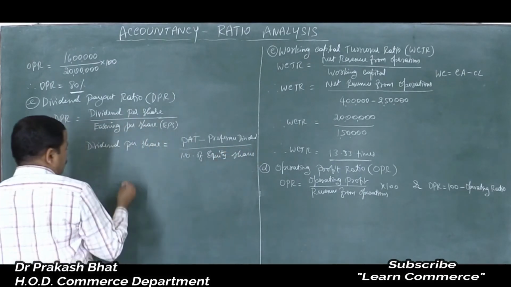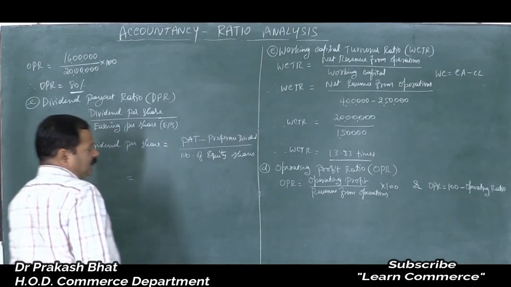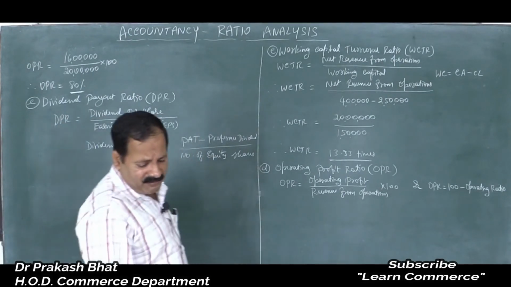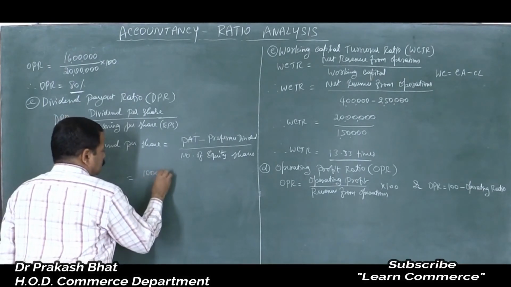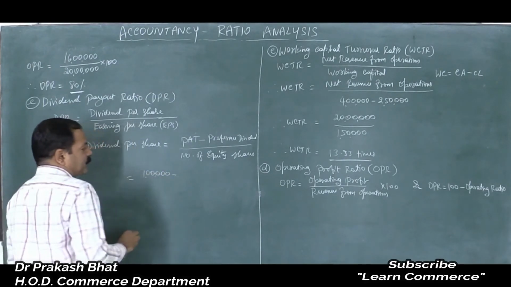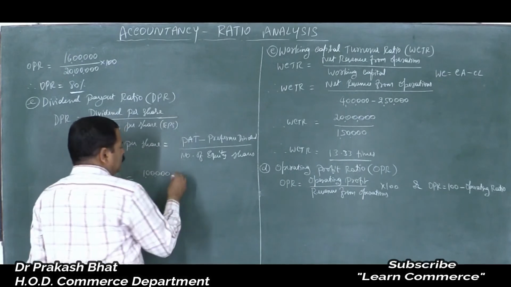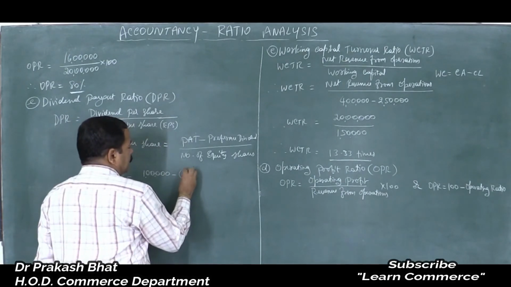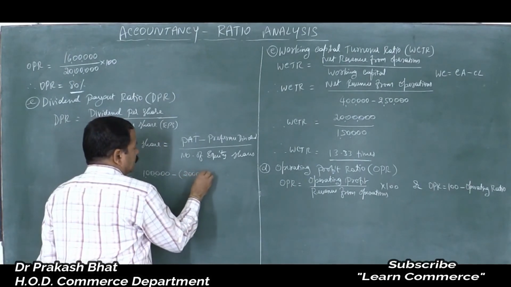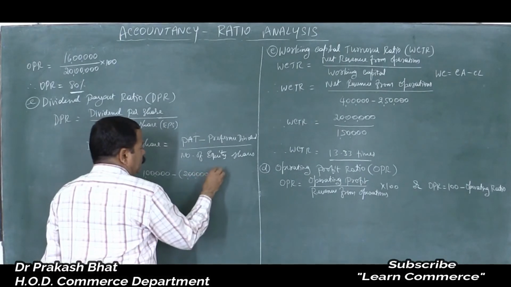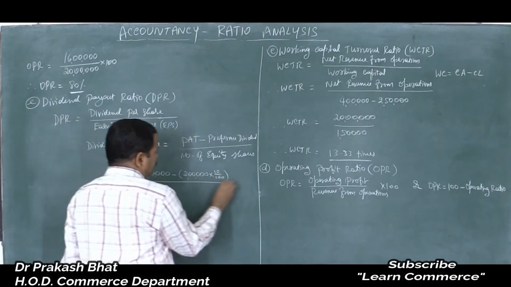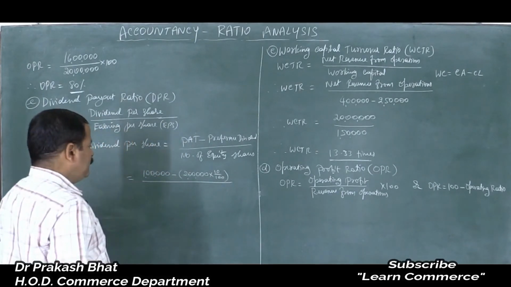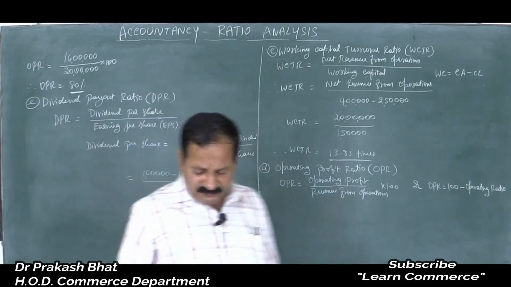That is what you have to do here. Is equal to PAT, how much it is given in the problem? 1 lakh. Am I correct? Yes, 1 lakh minus preference dividend, 2 lakh into 10%. This should be deducted. Am I correct? Divided by number of equity shares. How much it is?